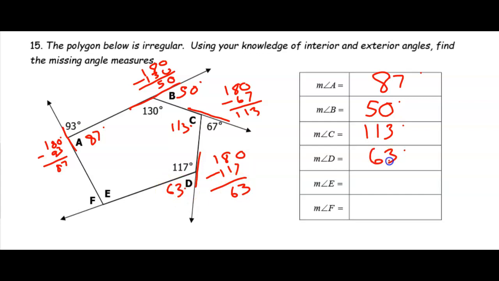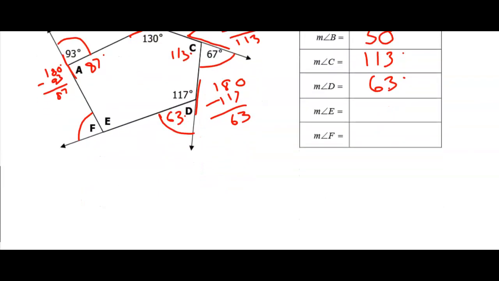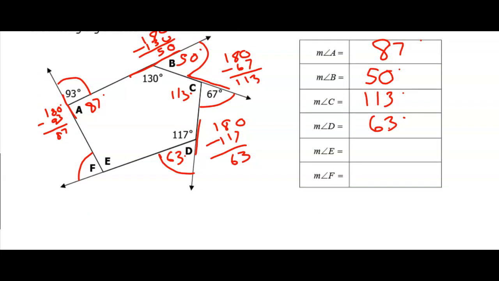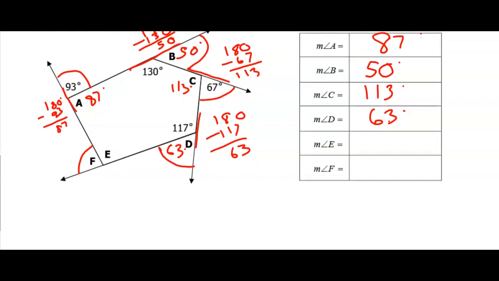All right, now to figure out F, we know all these exterior angles always add up to 360. So let's add up these exterior angles. So we've got 93 plus 50 plus 67 plus 63.